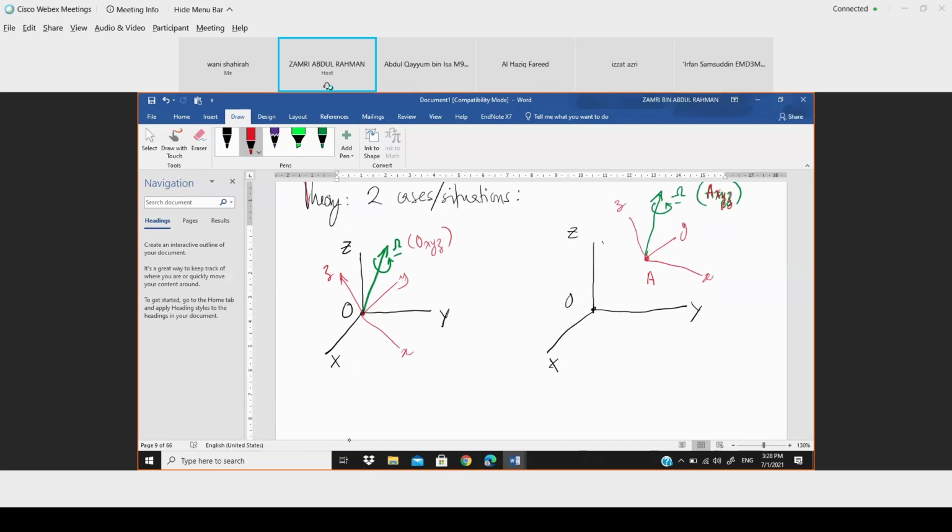If we consider, I draw fresh. So, situation A, let's say we have a mobile crane.